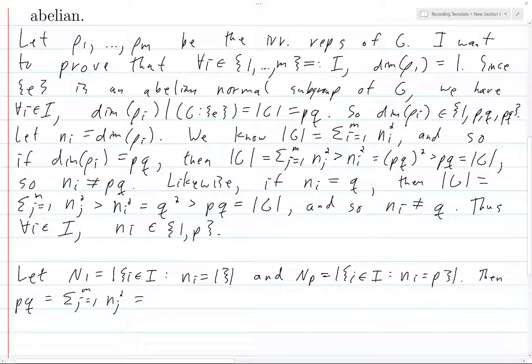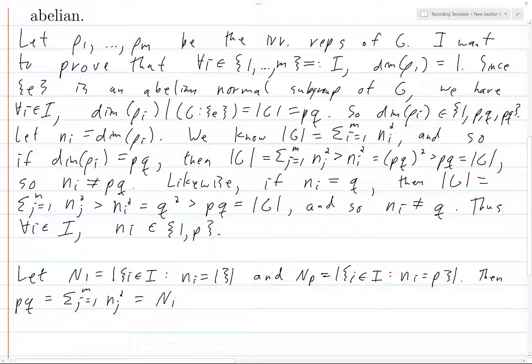What is this? If we break up the sum, part of this sum is going to be over the indices that correspond with irreducible representations of dimension 1. For each one of those, we're going to be summing up Nj squared, which is just 1 squared, which is just 1. And there's capital N1 of those, so that's going to give us capital N1.